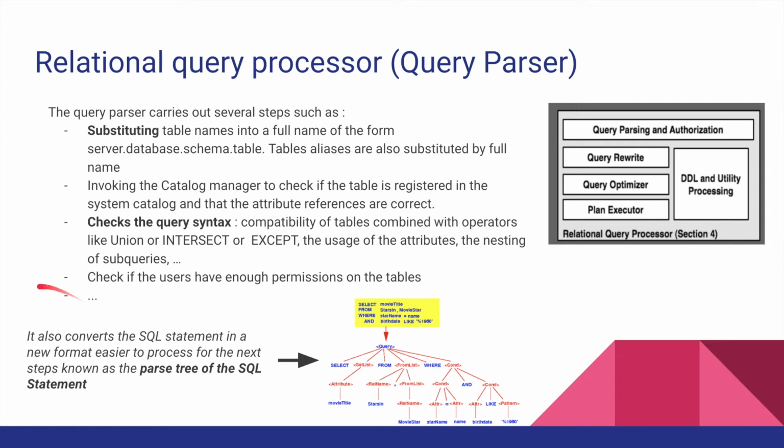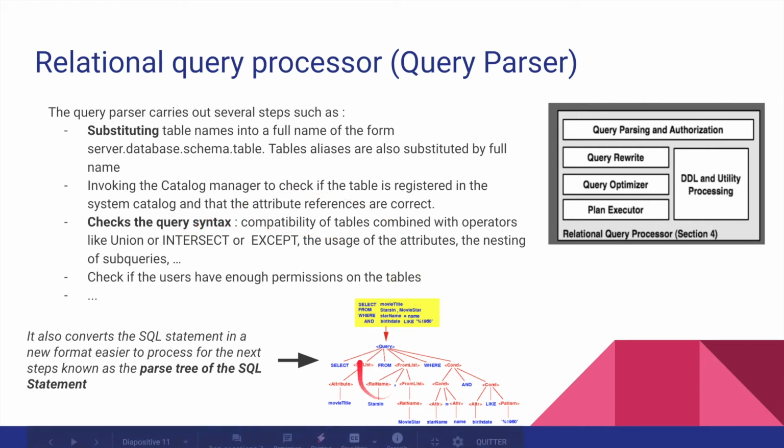There are also plenty of other actions that the query parser does, but I won't go through each of them now. It also converts the SQL statement into a format easier to process, which is known as the parse-tree structure of the SQL statement. You have an example of such a structure right there.